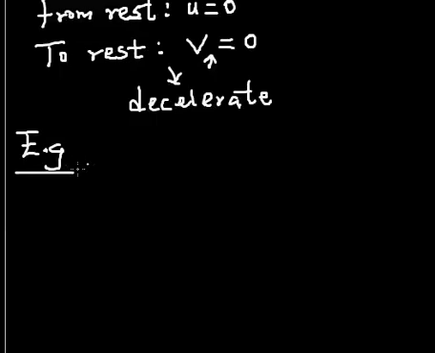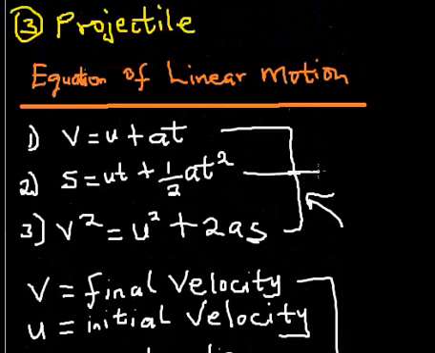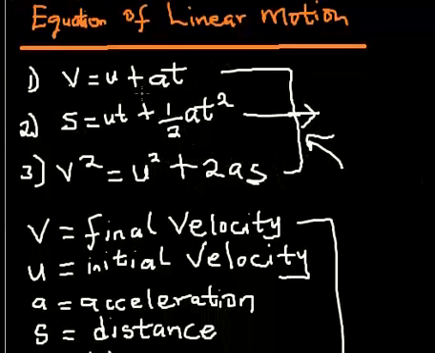The reason being that in the case of equations of linear motion, we have three equations here, and you're not using these three at once. You're going to use just one equation to solve a particular task. So what determines the equation that you're going to choose depends on the parameters of the question.